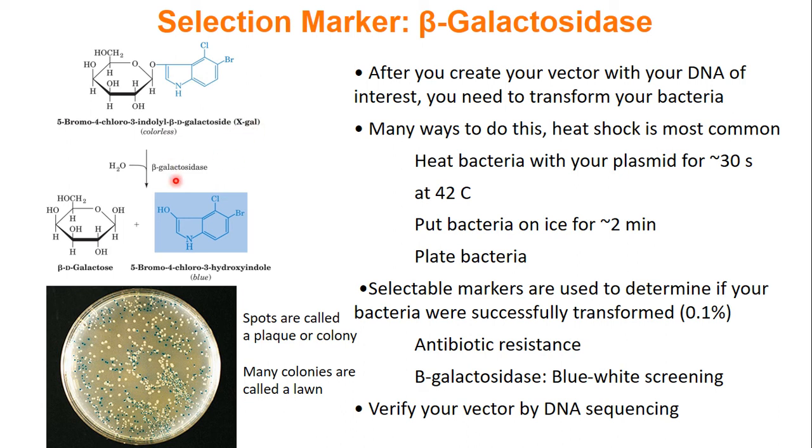Now, organisms that have beta-galactosidase will cut X-gal in two to make galactose and then this compound that is blue. Any organism that does not contain this enzyme will not turn blue. So the colonies here that are blue must have our vector, while the colonies that don't remain white.